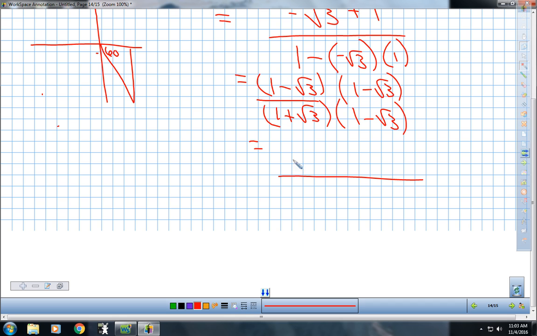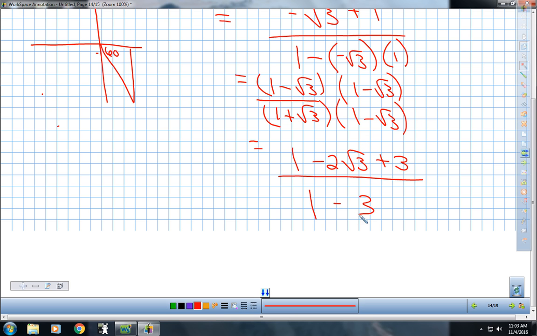If I FOIL this, 1, that's going to be negative 2 radical 3 plus 3. If I FOILed that, that's what I'd get. And in the bottom, when I FOIL, I'm going to get 1, then I'm going to get minus radical 3 and a plus radical 3, so they cancel. And the last gives me that.